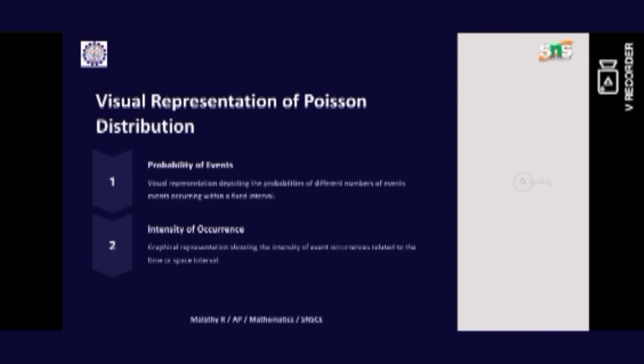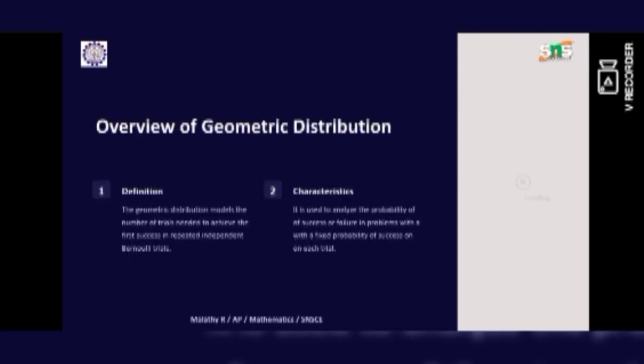Overview of geometric distribution: the geometric distribution models the number of trials needed to achieve the first success. So if we are talking about the first success in repeated independent Bernoulli trials, geometric distribution is based on Bernoulli trials. If you are tossing a coin 10 times, or 100 times, we have to go for the binomial distribution.